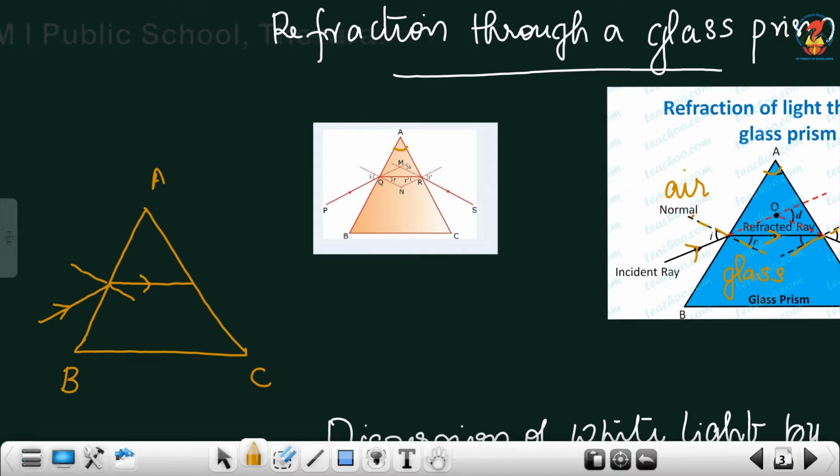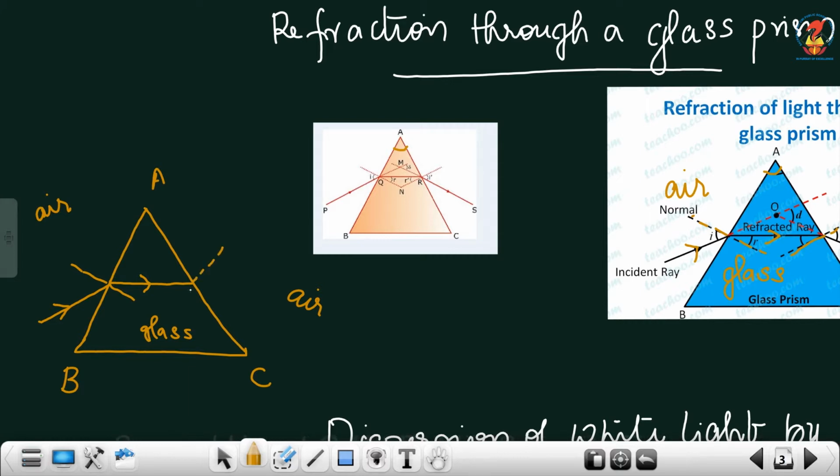For the side AC, the light travels from a denser medium to a rarer medium, that is, from glass to air. This one is glass, and here it is air, here also air. So, the light ray will bend away from the normal.